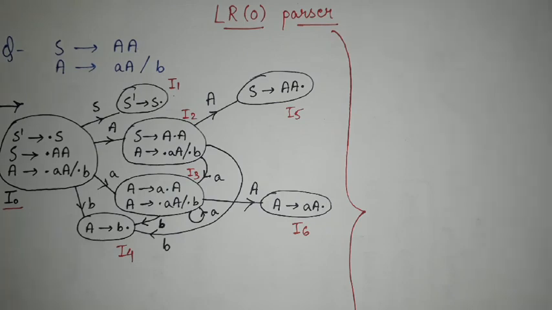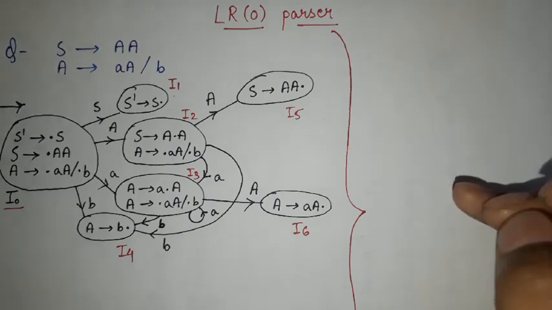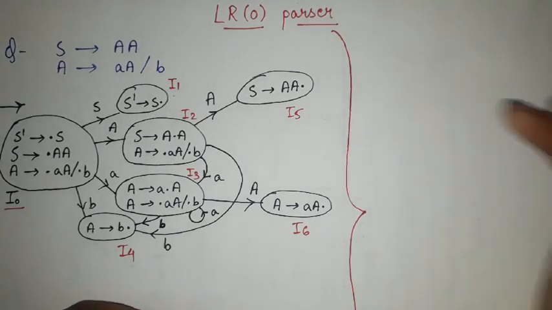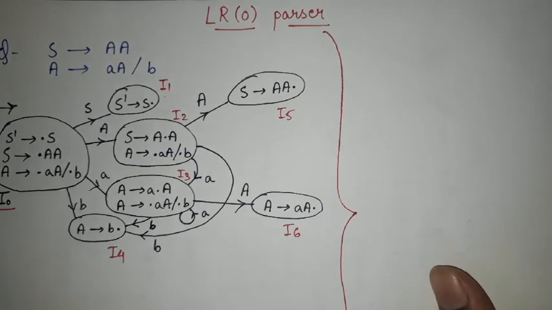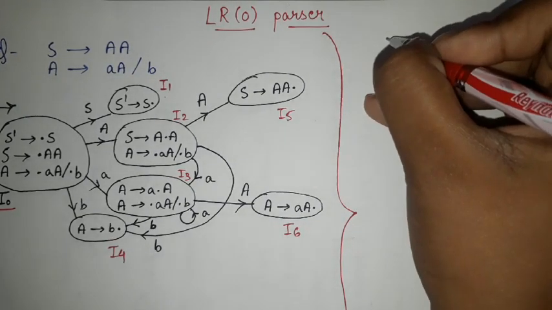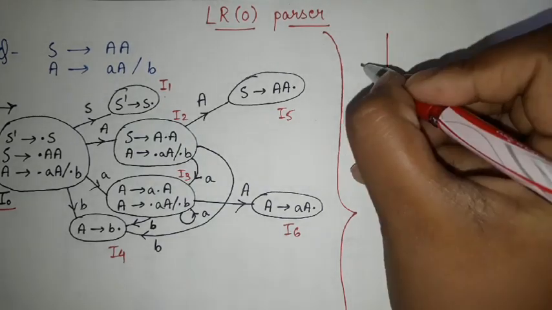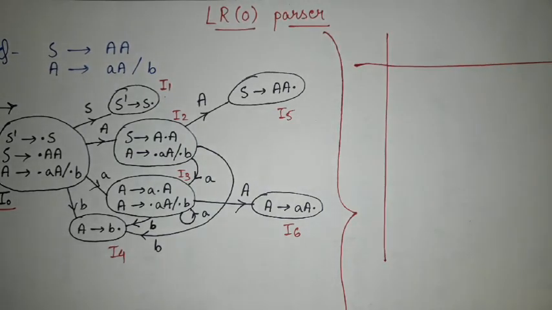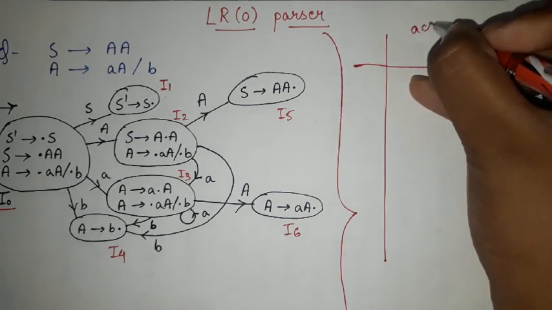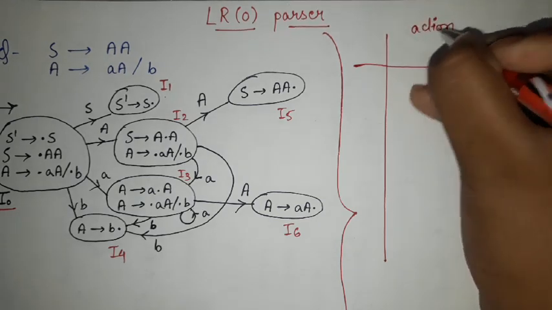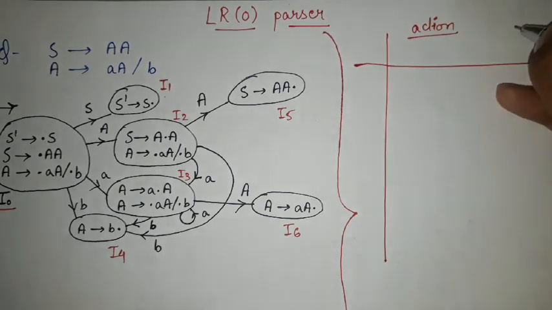Let's start making the LR0 parsing table. Let me make it here. We are making the LR0 parsing table. For the LR0 parsing table, we are having something known as the action part and something known as the go to part.